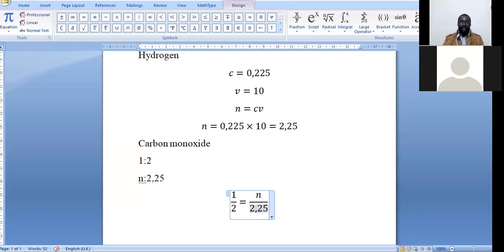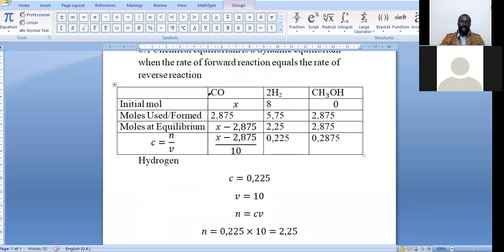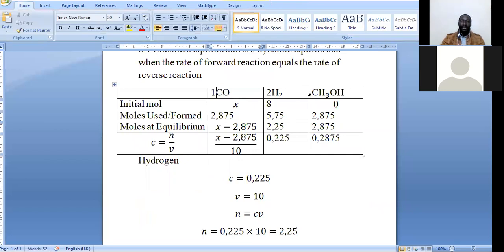Once again, after finding the number of moles of hydrogen, to find the number of moles of carbon monoxide, we use the concept of mole ratio. For every 1 mole of carbon monoxide, there are 2 moles of hydrogen gas.